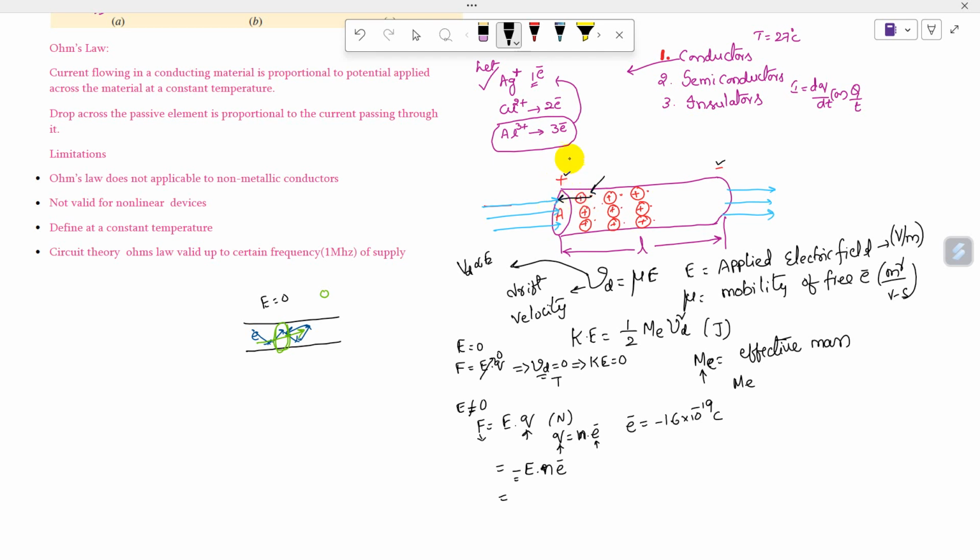So the force on the electron is negative, and for that reason we consider that the current is opposite to the flow of electrons.